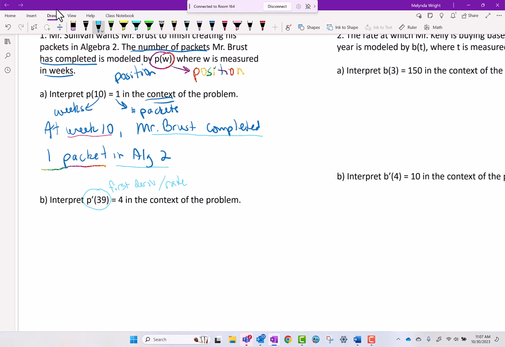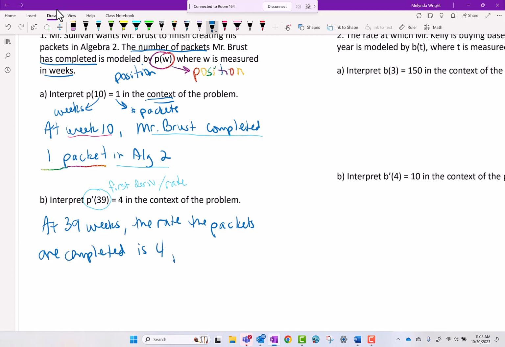So let's say at 39 weeks, the rate the packets are completed is 4 packets per week.